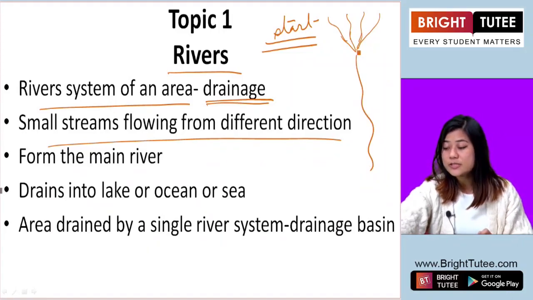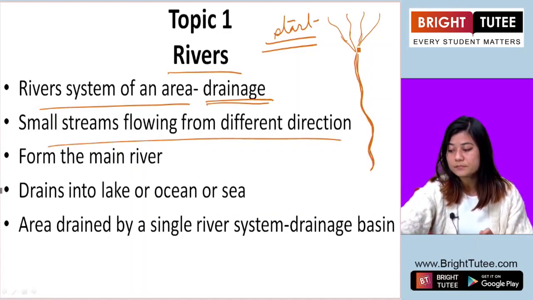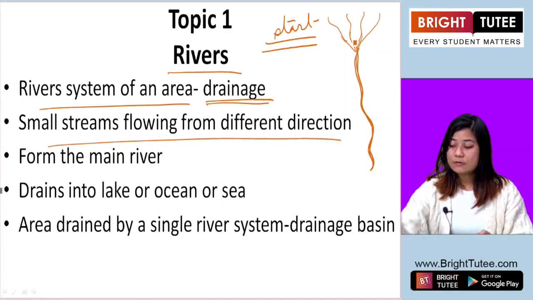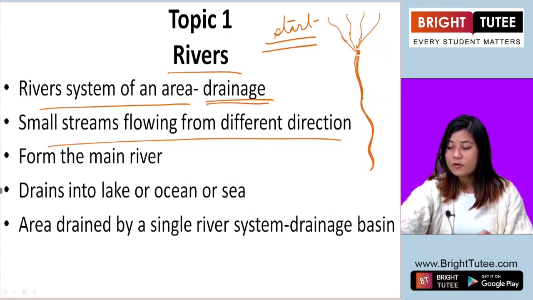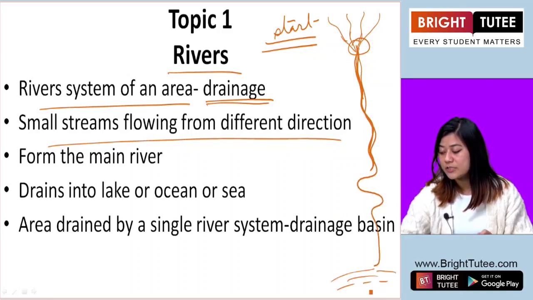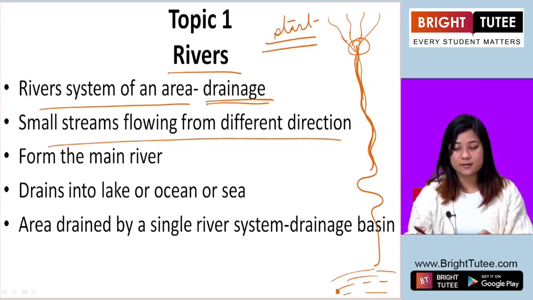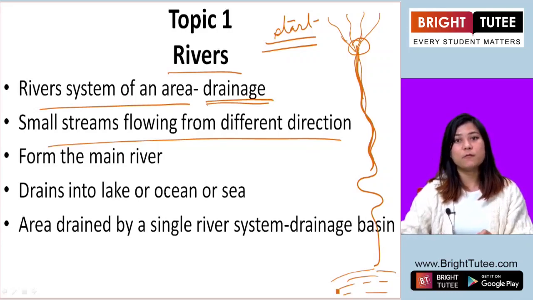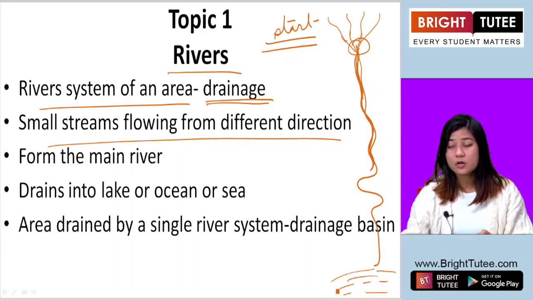This becomes the main river. This river originates from this area and then finally drains into the ocean or the sea or even a lake. This is what the flow of a river looks like.